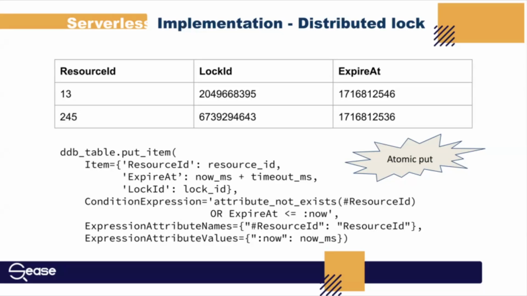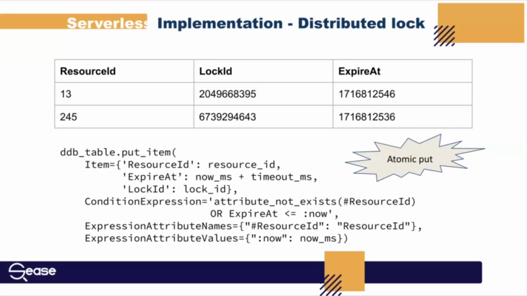Lock ID, actually, is not so important, and expire at. This is the timestamp when our lock record is going to expire. This is important because we are in a distributed environment. Let's suppose we acquire the lock and we don't have this expire at.